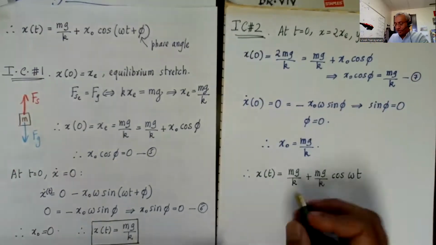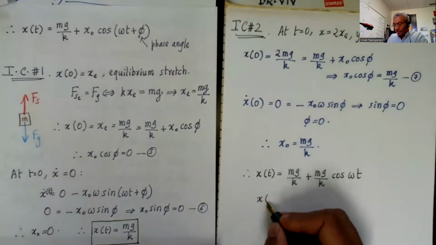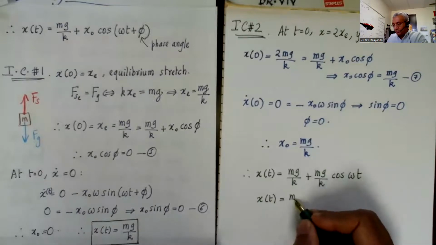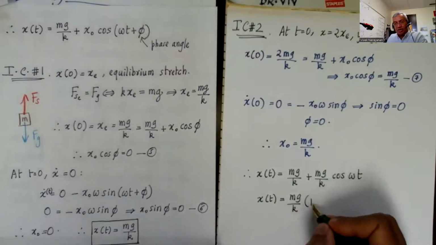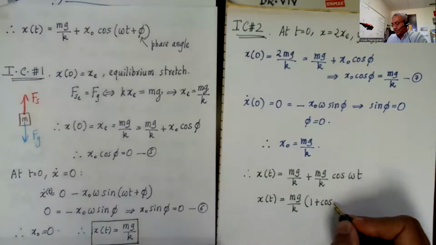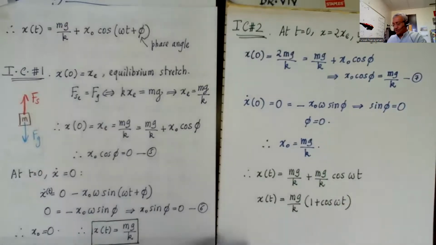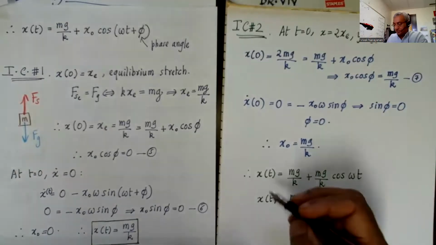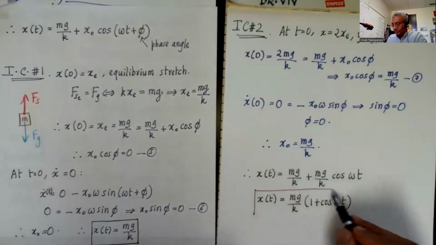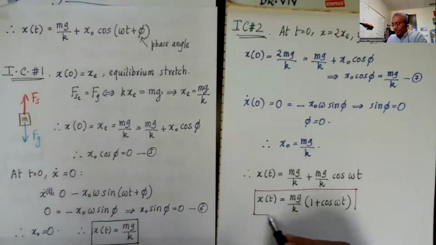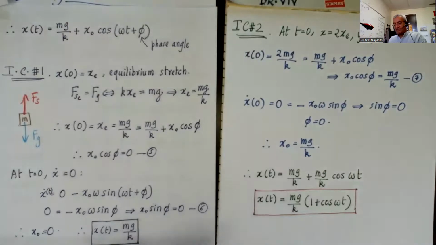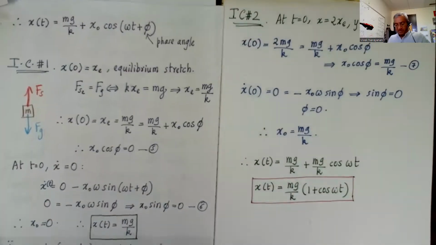So we have a beautiful equation. Let me write one more step. X of t equals mg over k times 1 plus cosine omega t. Pretty non-trivial looking. The only other equation I need is y1. Once I have x and y1, I get everything else because all other quantities are defined in terms of x and y1. So look at y1 double dot.